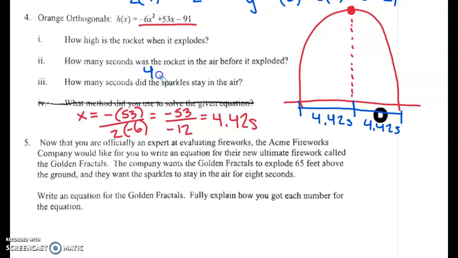So part 2 and part 3 are 4.42 seconds. Now we need to find how high it is, so that would be the y value of the vertex. So I'm going to plug it in. y equals negative 6 times x, rounding it to 4.42, squared.